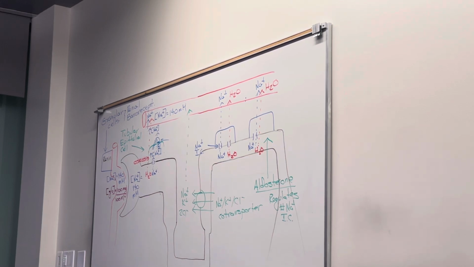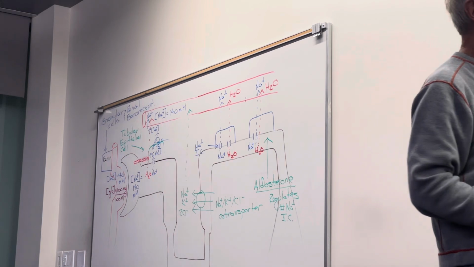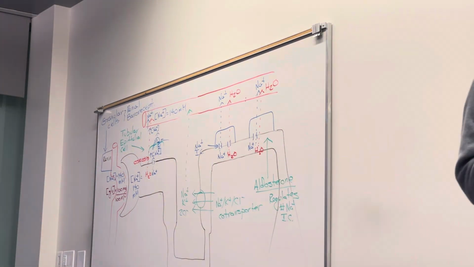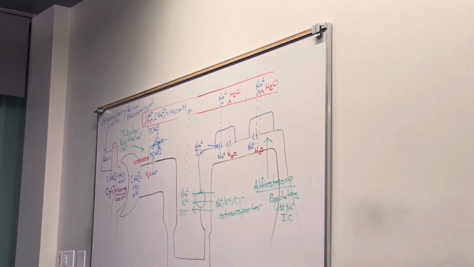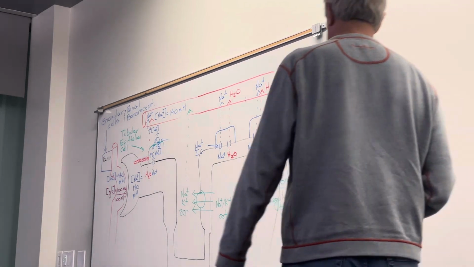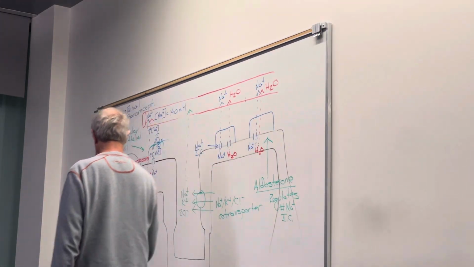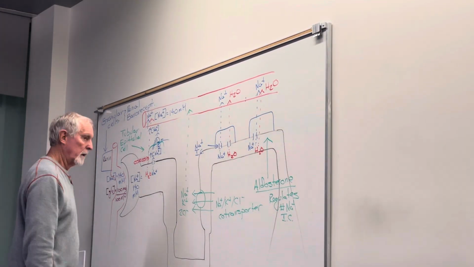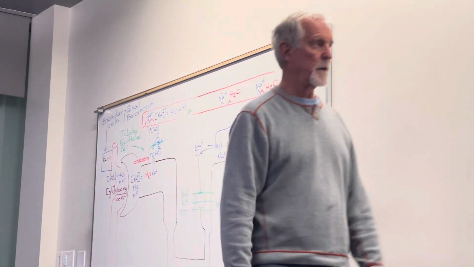This is produced by the liver. And in the presence of renin, angiotensin, oops, sorry about that. Let's go back for a second. It's angiotensinogen.